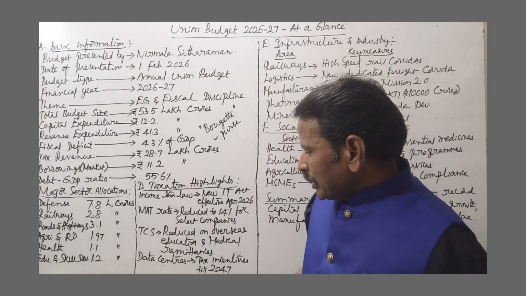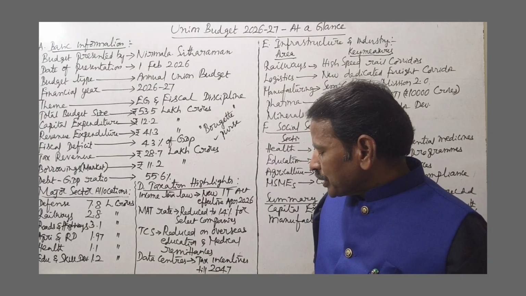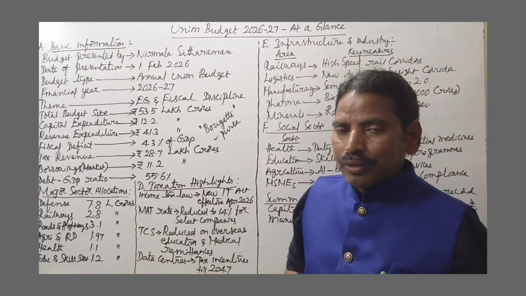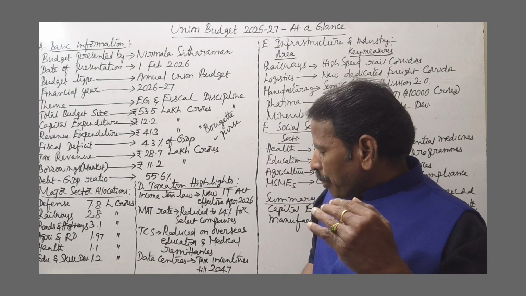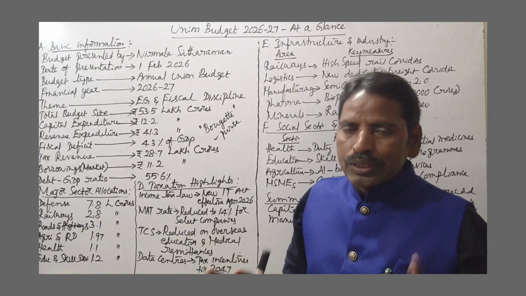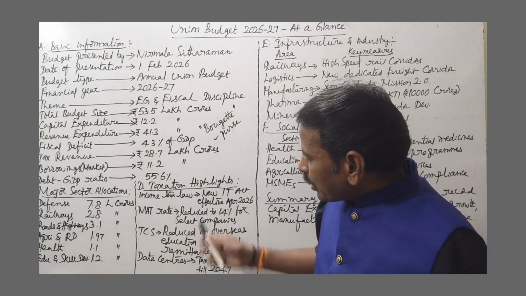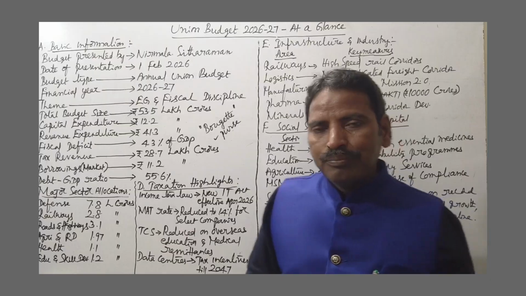Next, data centers: tax incentives till 2047 are given. These are the points related to taxation highlights.